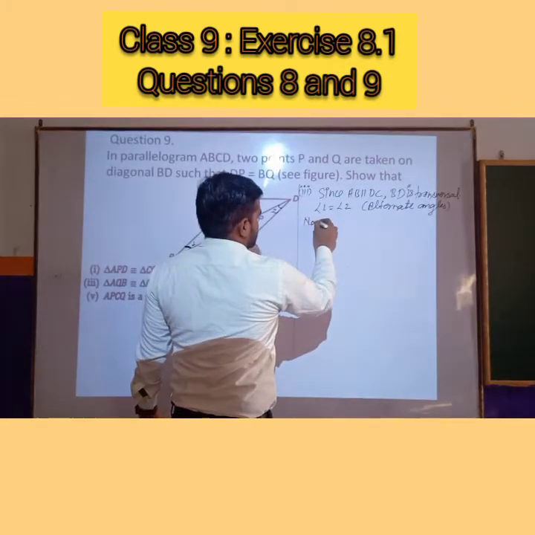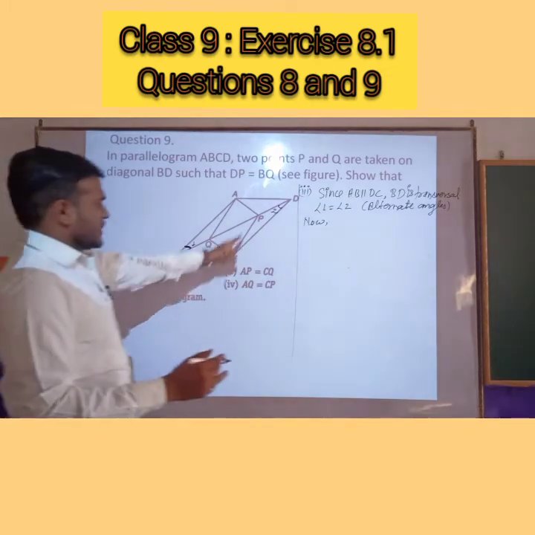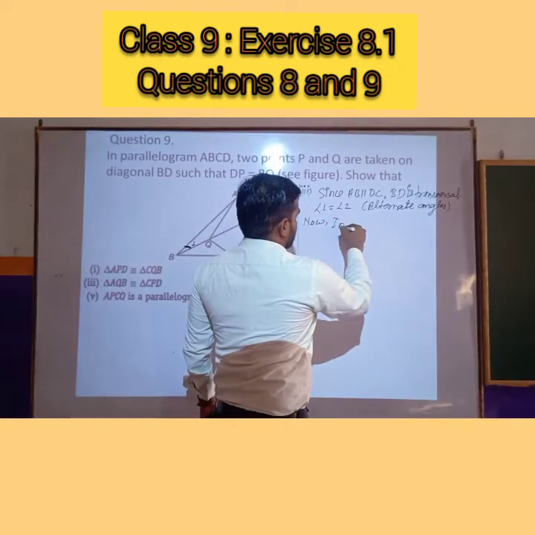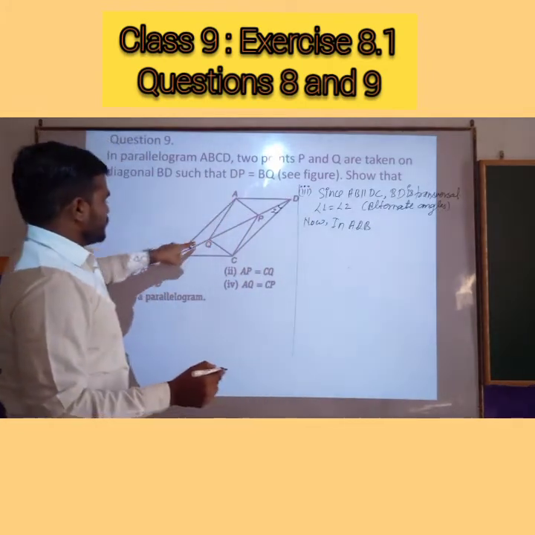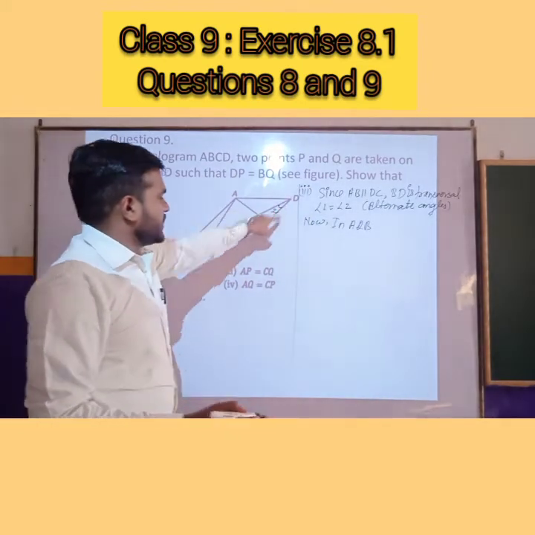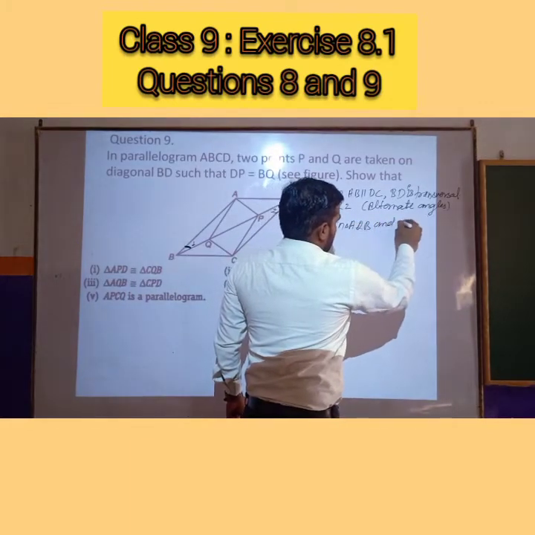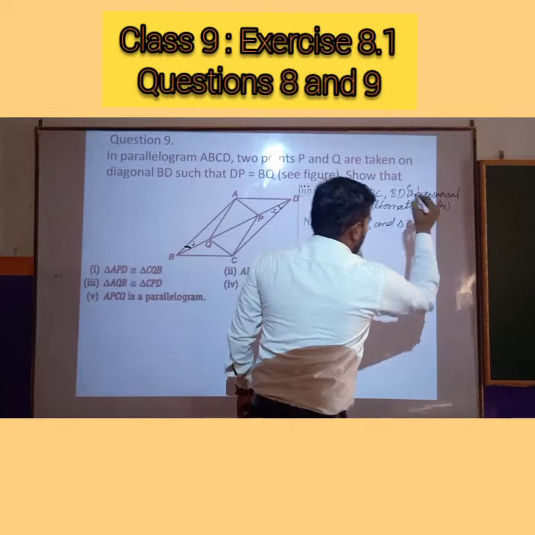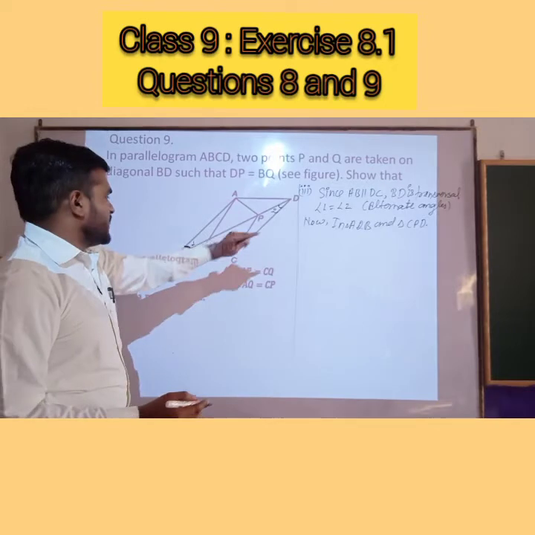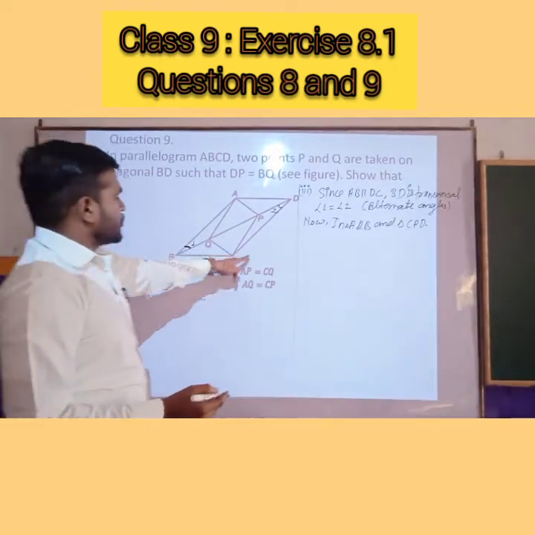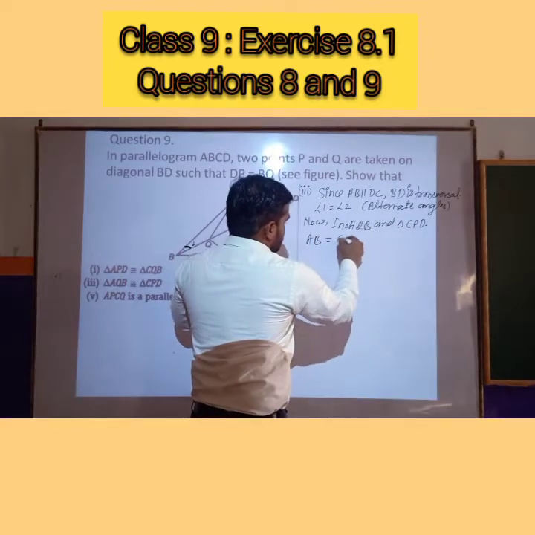Now in triangle AQB and CPD, AB is equal to CD. How is AB equal to CD?